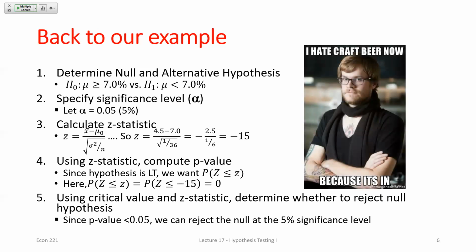I had a silly mean to go along with the example. But the general idea is we're trying to determine whether the sample evidence we found varies enough from that assumed true value that we can reject it. Sometimes it won't. If I instead had found a sample mean of like 6.8 and turned that into a z-value, that's not very many standard deviations away from my assumed true value.